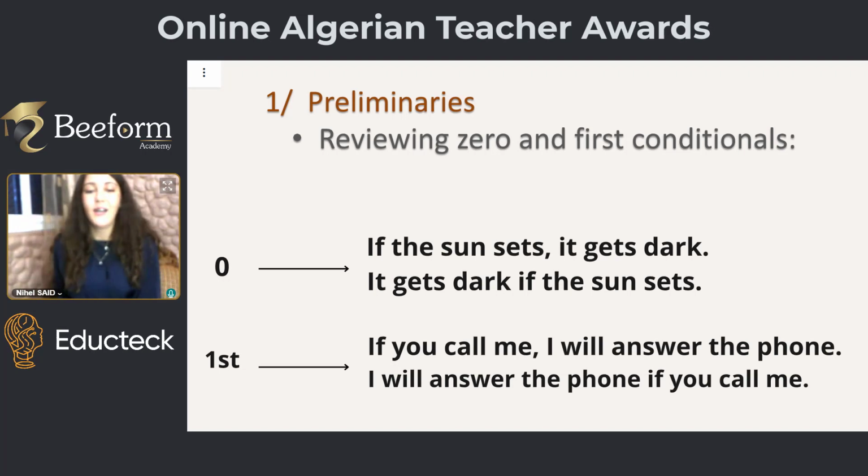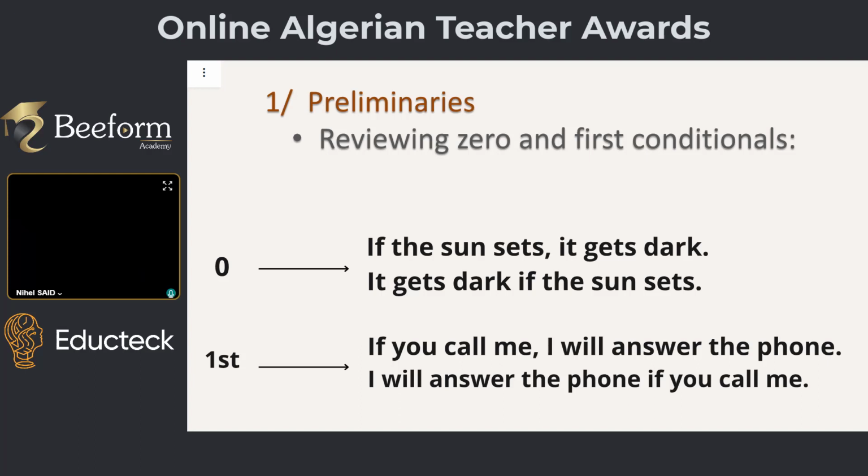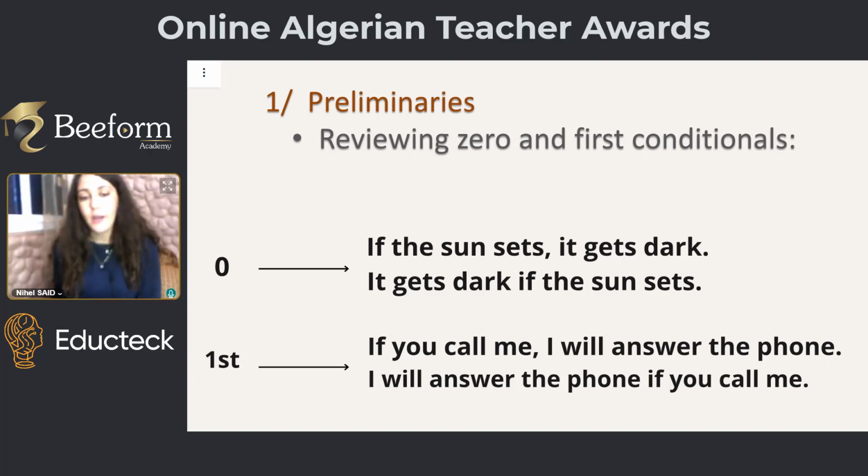I would like to take our reviewing of the zero and first conditionals one step at a time. All right? So what do we notice about these examples? If the sun sets, it gets dark. If you call me, I will answer the phone. So first, structure-wise, we see that the if conjunction here is the pivotal aspect.